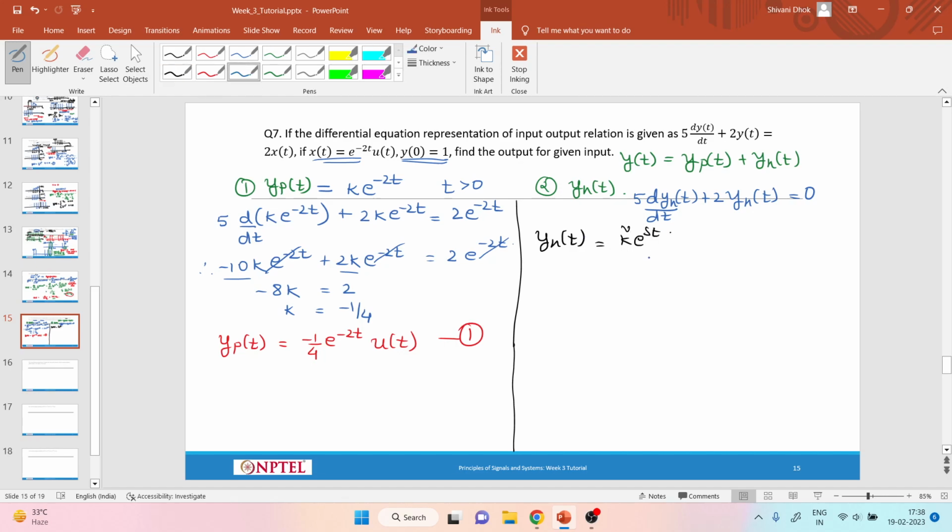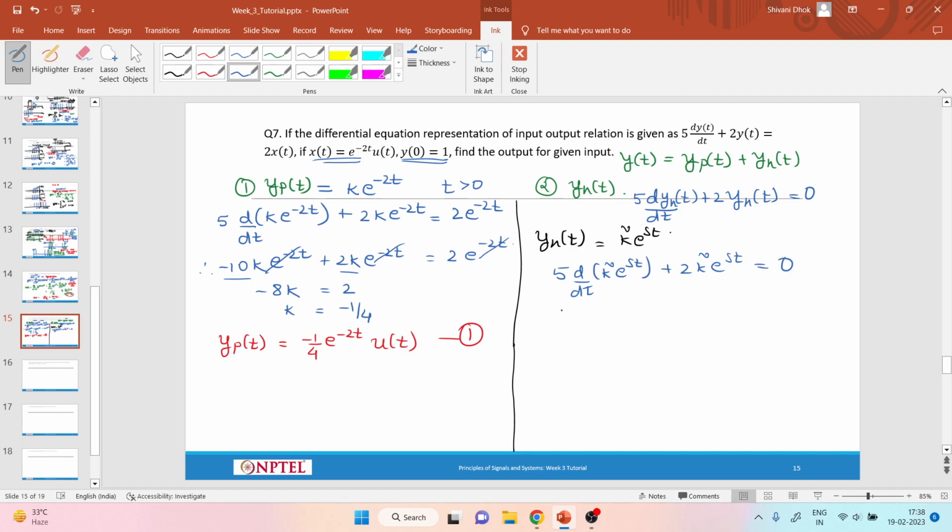I'll use this and solve the equation: 5 into d/dt of k tilde e^(st) plus 2 k tilde e^(st) is equal to 0.